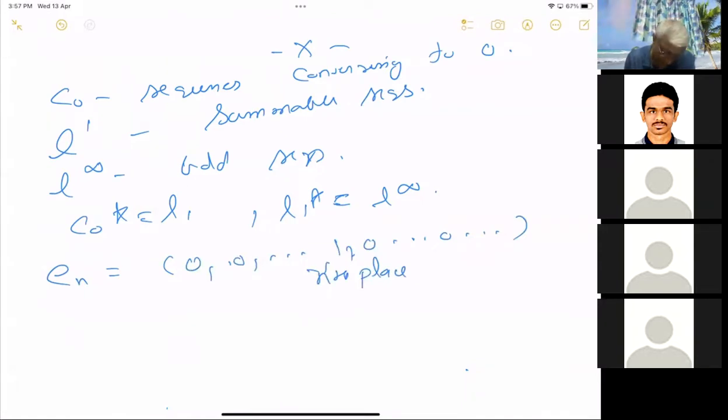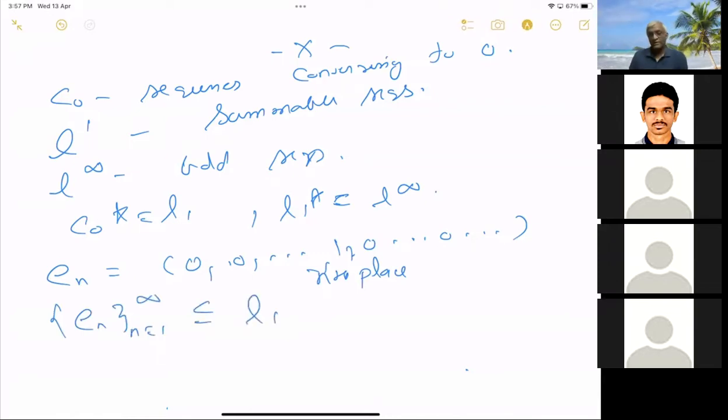So consider En for n equal to 1 to infinity. This is contained in L1. It is 1 at the nth place and 0 everywhere else. This En is an element in L1.